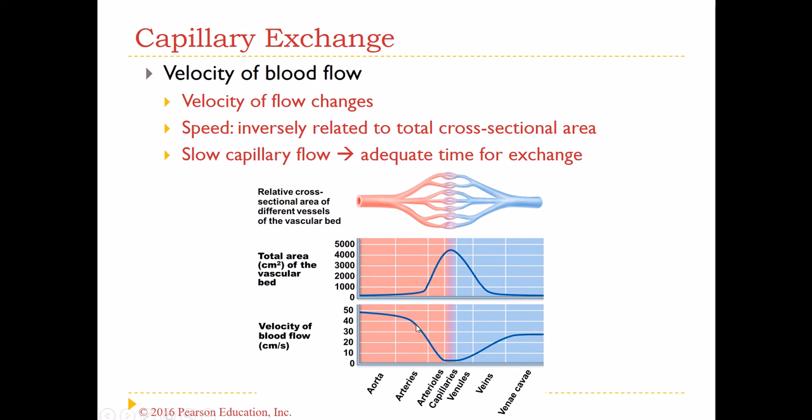As we get into the elastic arteries and the muscular arteries, then down to the arterioles, and finally the capillaries, we have literally millions upon millions of them. The total area that they encompass is quite large, and that means the flow of blood through those capillaries is much slower than it would be if we were a blood cell moving through the vena cava or through the aorta.